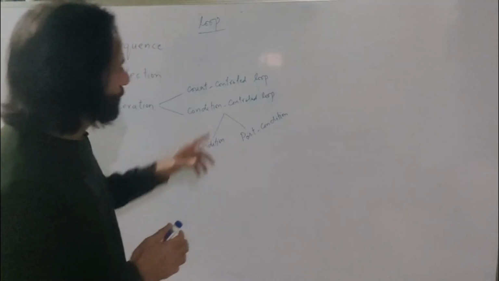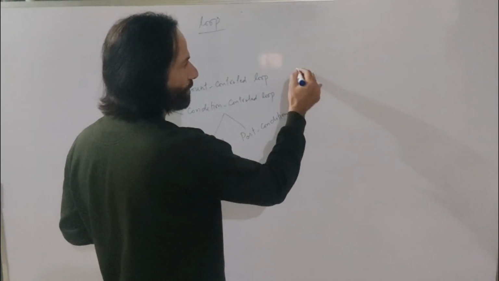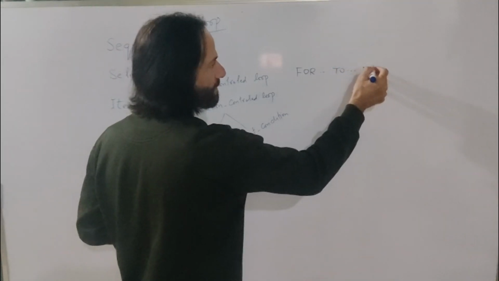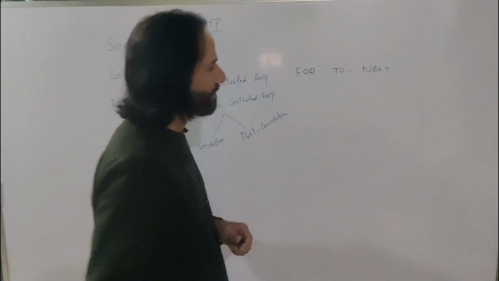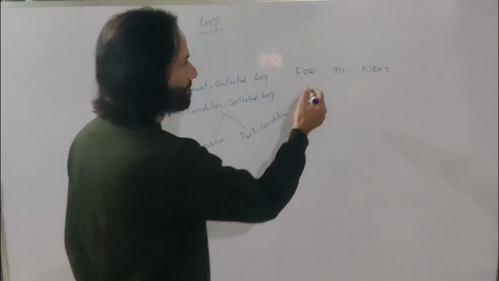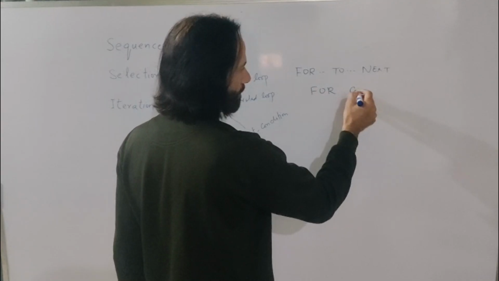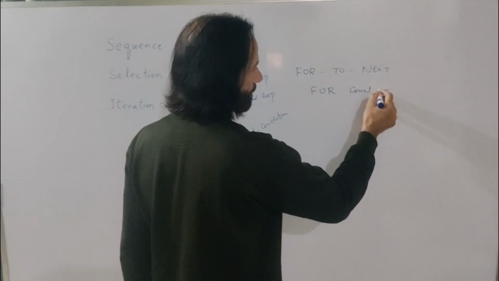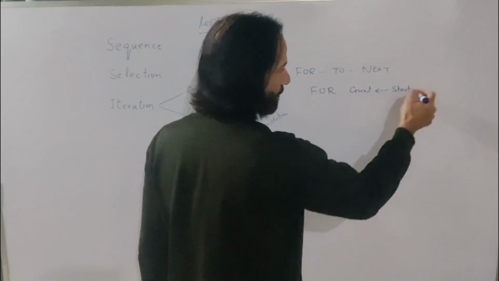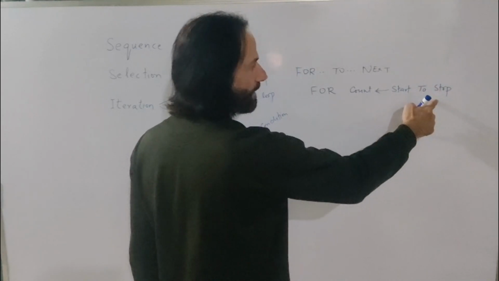For this count controlled loop, the keywords that we use are for to next. I will also give you an example of how we actually use it. We will write the start, where we are going to start the loop, to the stop, where we are going to end.